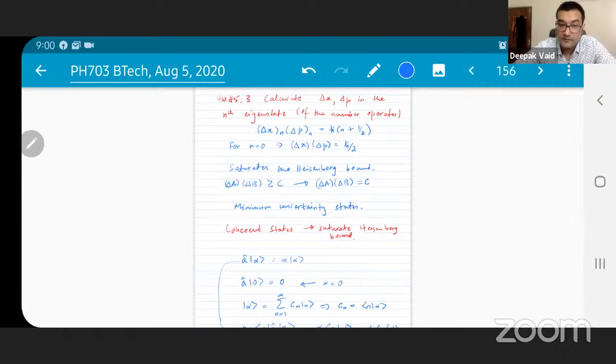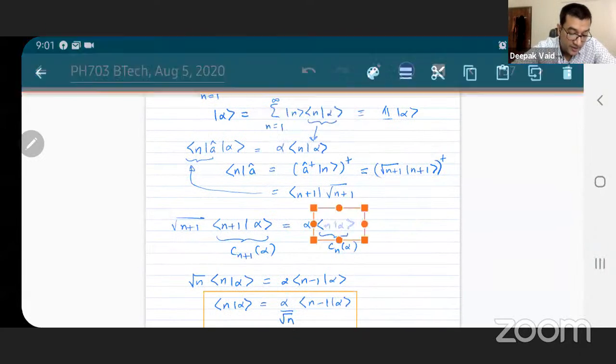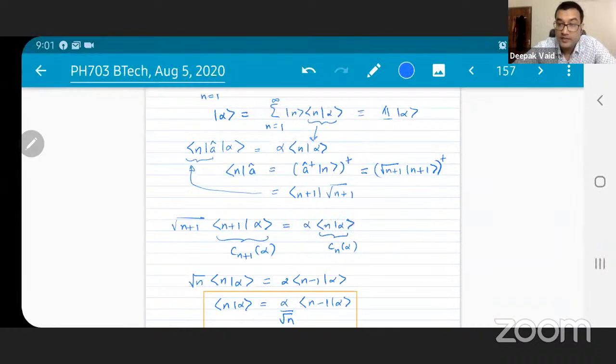Because if you didn't write things using these bra and ket vectors, you can see how complicated your expressions would become. Every time, for instance, you have to write an inner product, you would have to write a sum over some index.